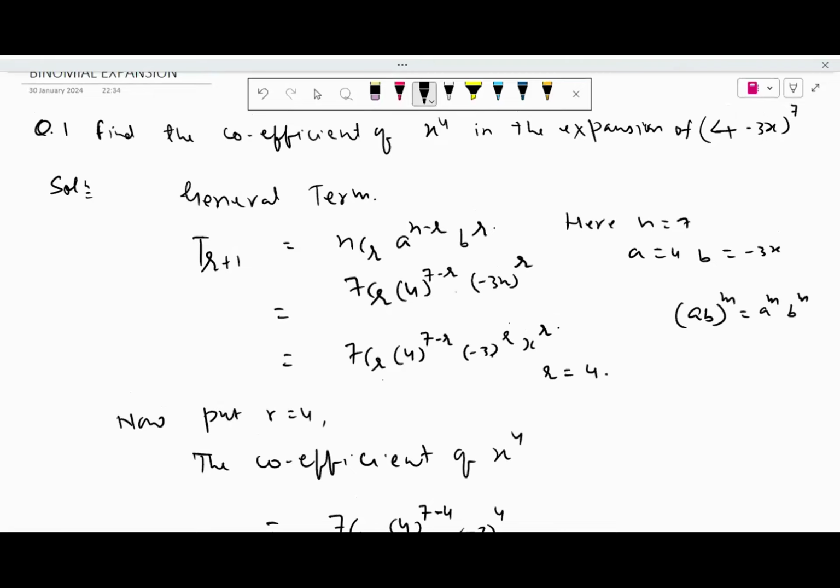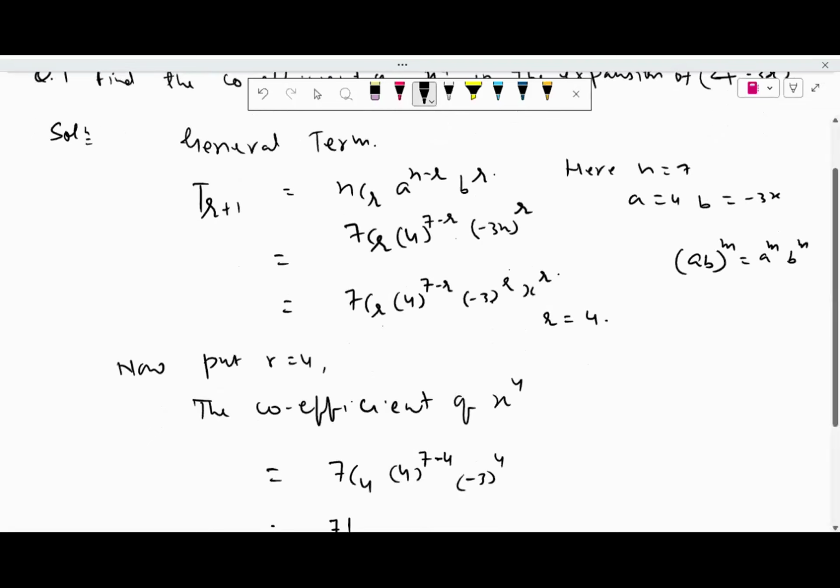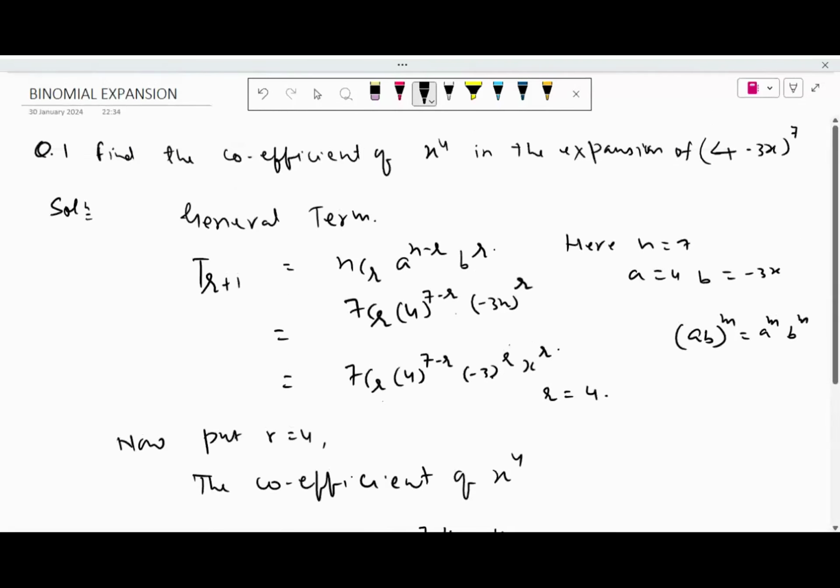Now, since we have to find the coefficient of x to the power 4, when can we obtain x to the power 4? Only when the value of r is 4, isn't it? So we are taking r equals 4 in the given general term.